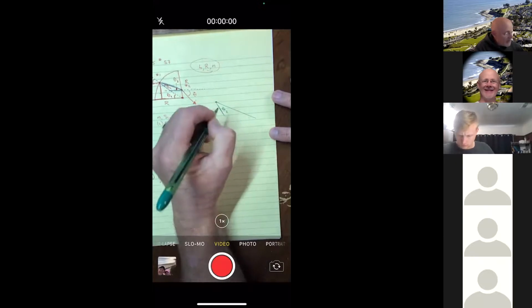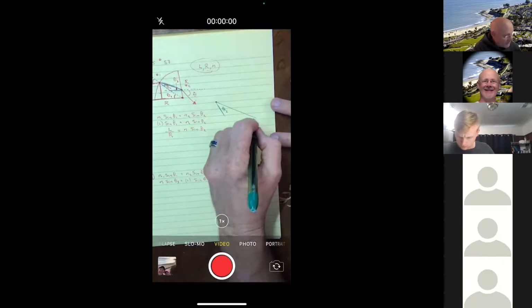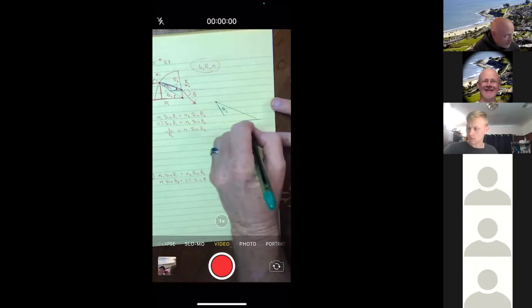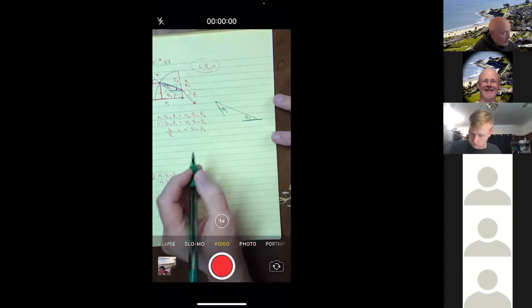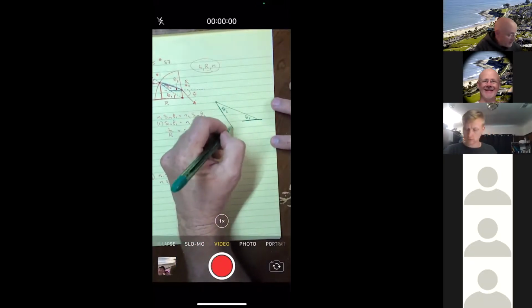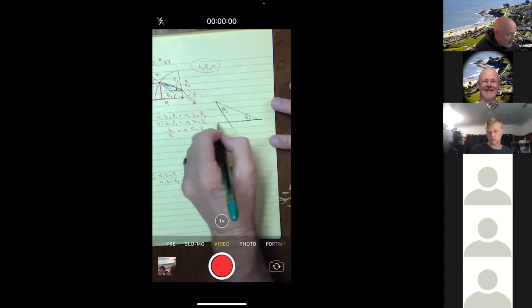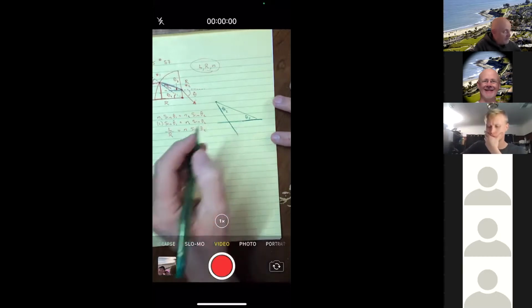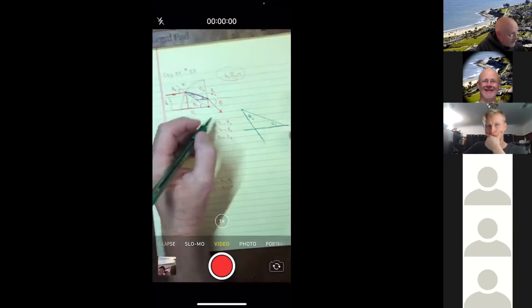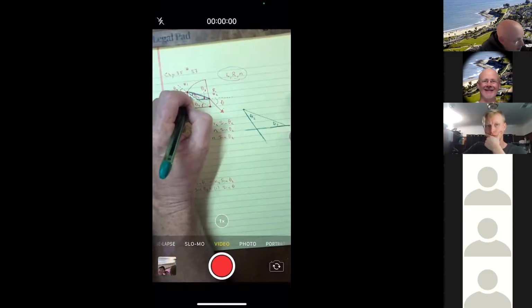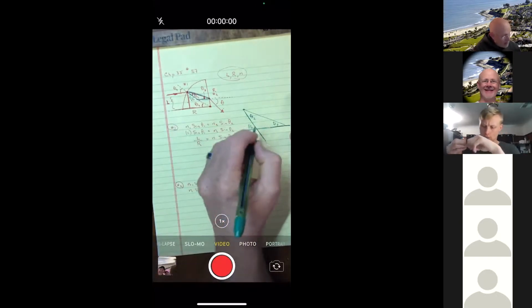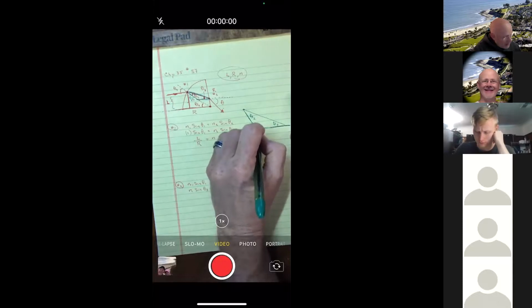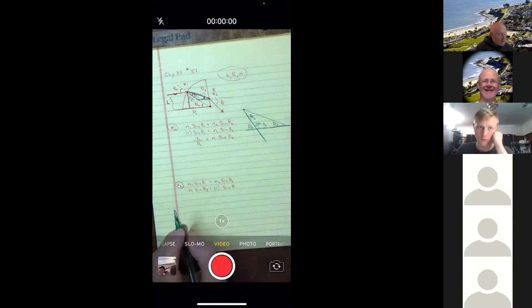So this is the theta 2, and this is the theta 3. But remember that this right in here would also be a theta 1. So this would be a theta 1, meaning this angle is 180 degrees minus theta 1.